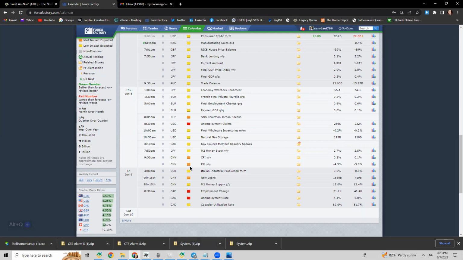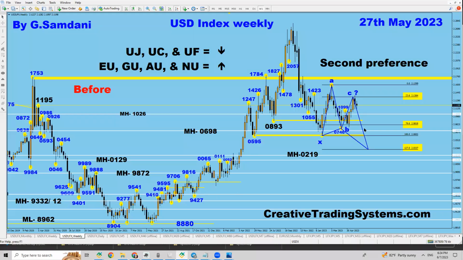So if this number goes even higher, maybe 240, 250, then USD is probably going to drop, and then the second scenario will come into play.